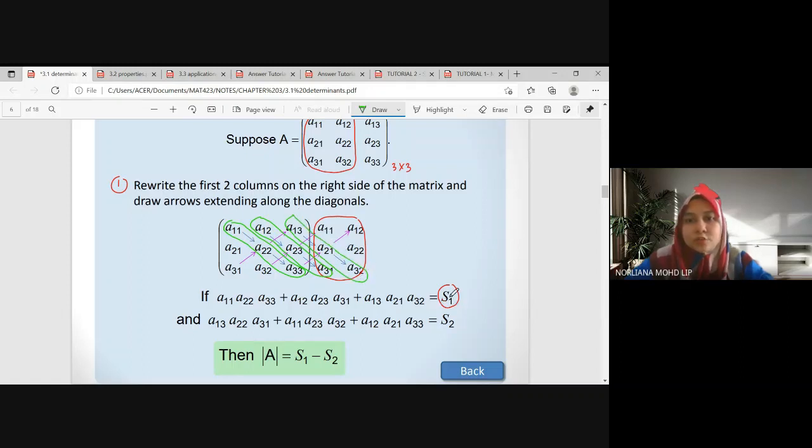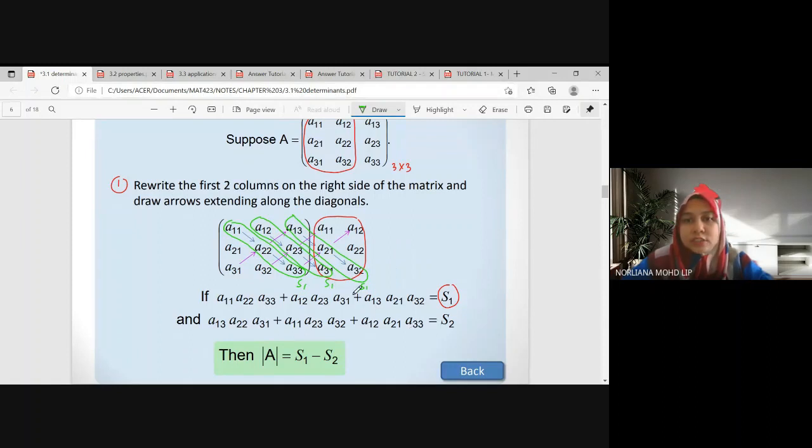So S1 is equal to A11 times A22 times A33, plus the second diagonal, A12 times A23 times A31, plus A13 times A21 times A32.